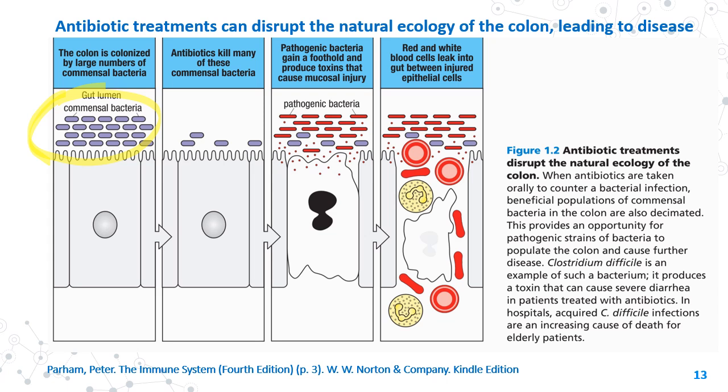They're all happy and dividing and doing good things and keeping you healthy. Everybody's happy. Now, let's say you had some type of infection and the doctor prescribed some oral antibiotics. Usually you have to take those for a certain period of time, like a week or 10 days.